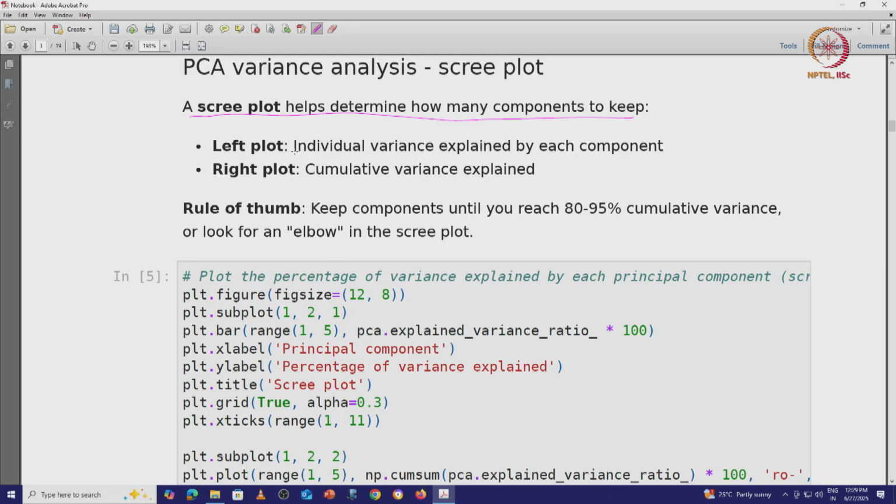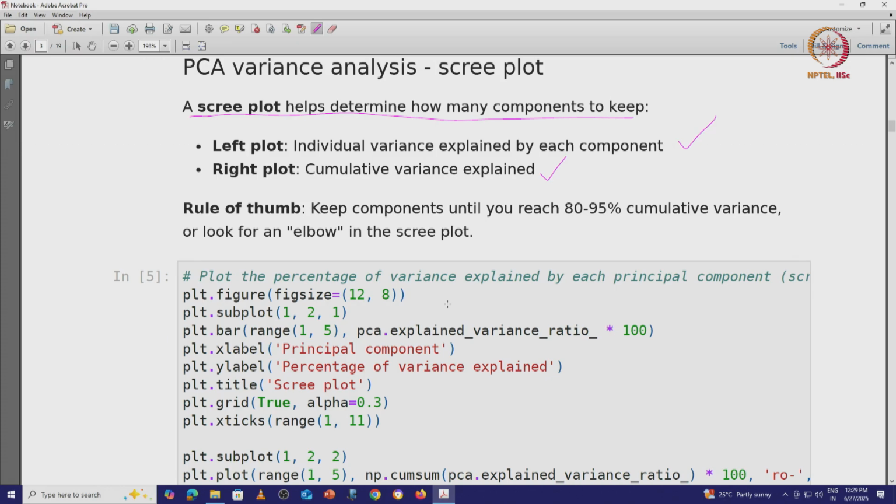You will see as I scroll down, the left plot shows the individual variance explained by each component, and the right plot shows the cumulative variance explained. And the rule of thumb is that you keep components until you reach 80 to 95% of the cumulative variance, or you can look for an elbow in the Scree plot where the explained variance suddenly drops.